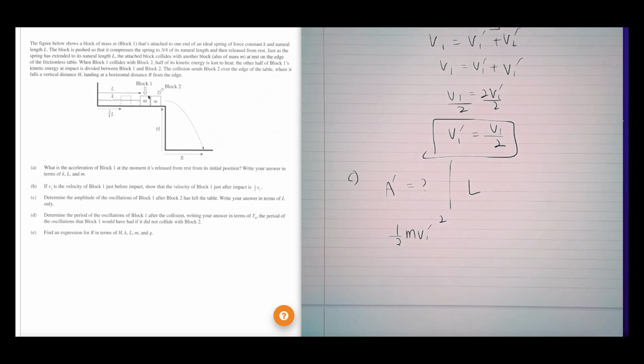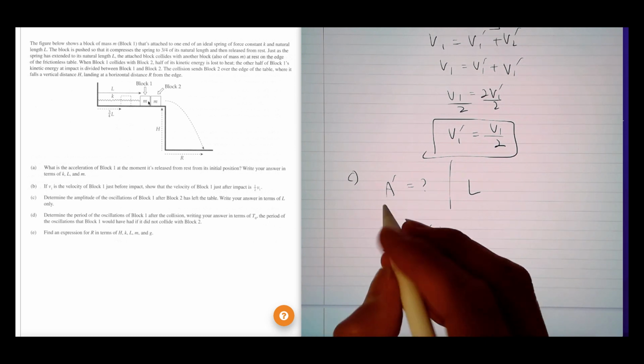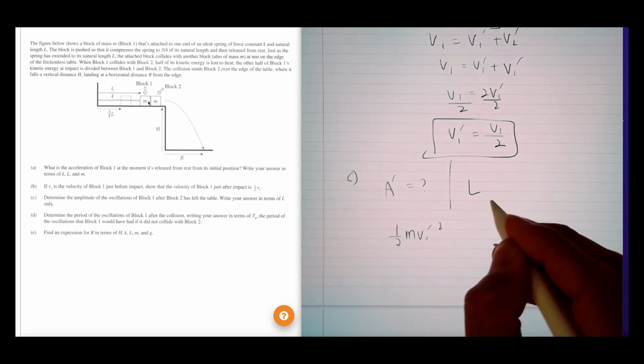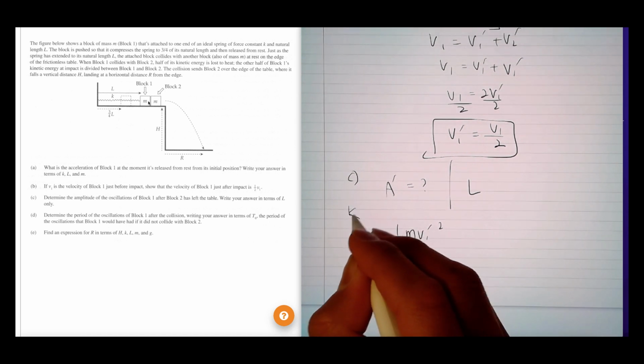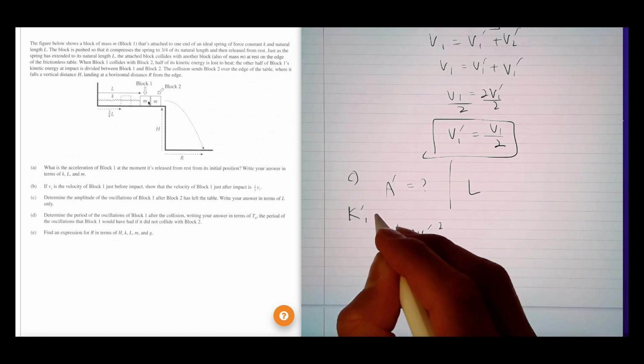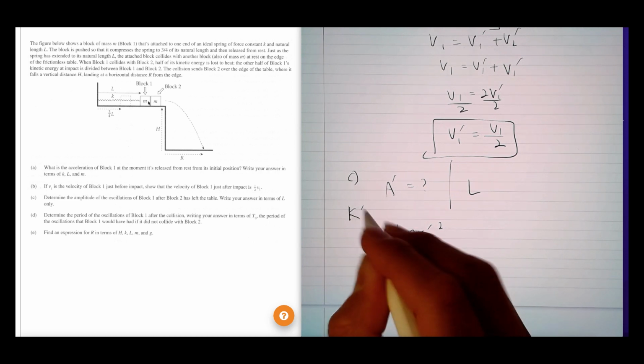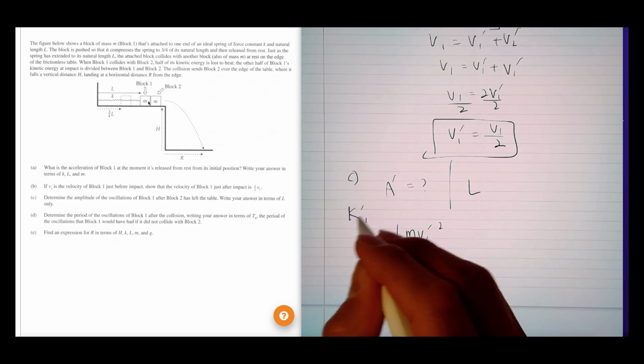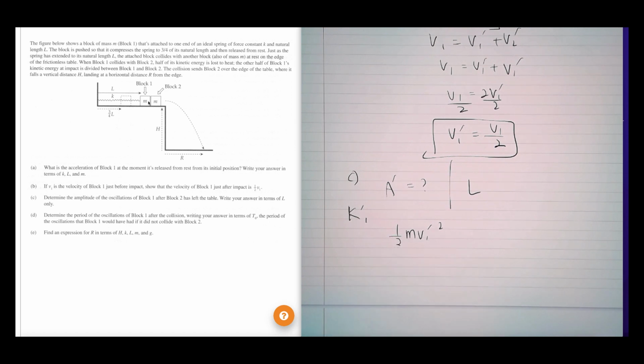Right now it's having the most kinetic energy. So in other words, I should say kinetic energy after the collision for block 1. It's retaining the maximum kinetic energy right now, before the restoring force accumulates as you go toward the right, meaning away from this natural length L.